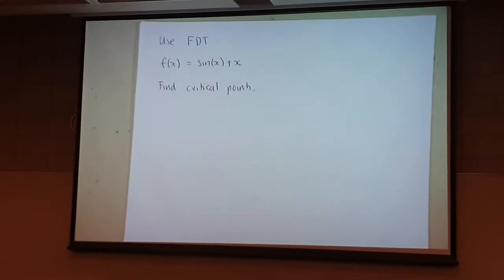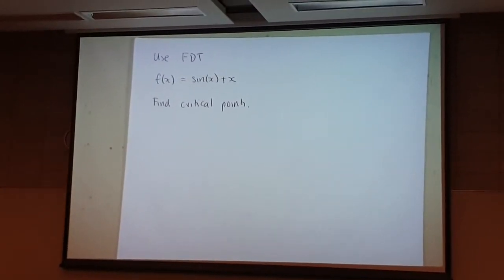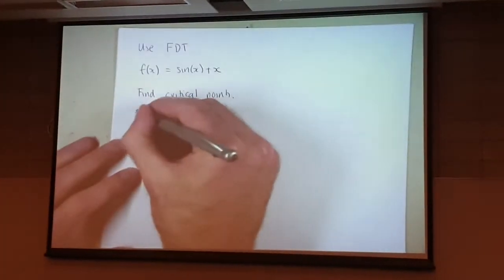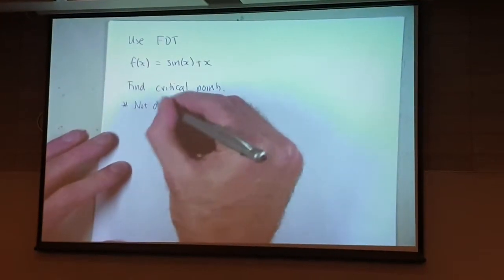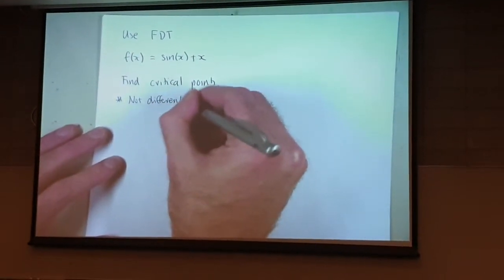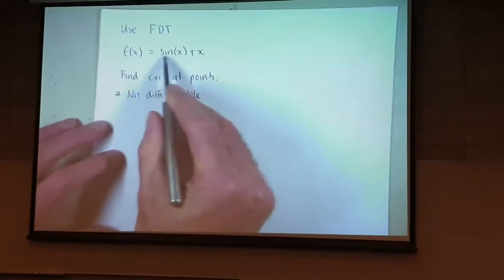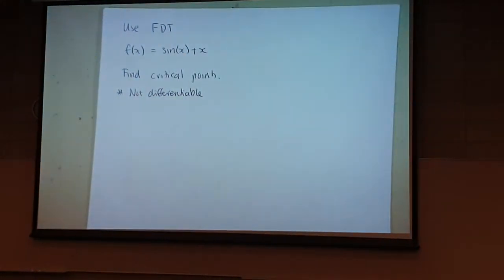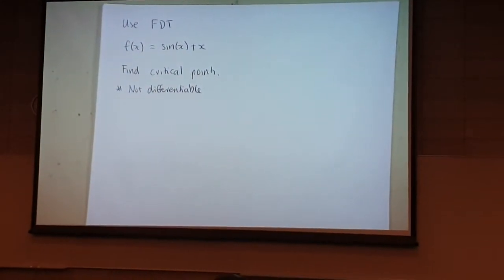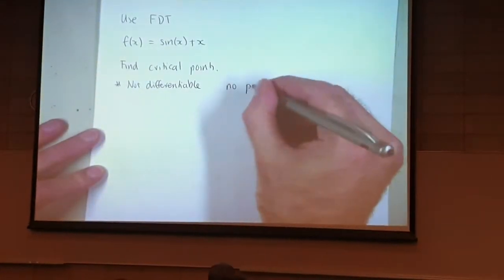Okay, so critical points will be points where it's not differentiable. But this one, sine x is differentiable everywhere, just x is differentiable everywhere, so there's going to be no points of this type.